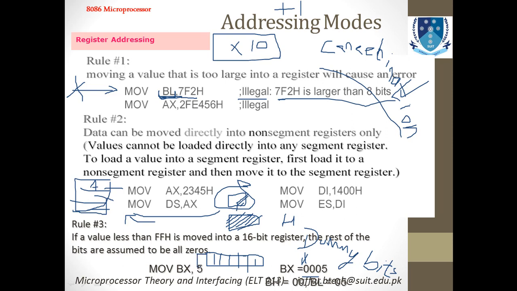You see that I have to complete the 8 bits, so I have to put 7 zeros in here, so this will be 1 byte.